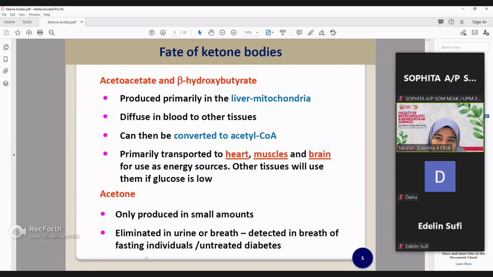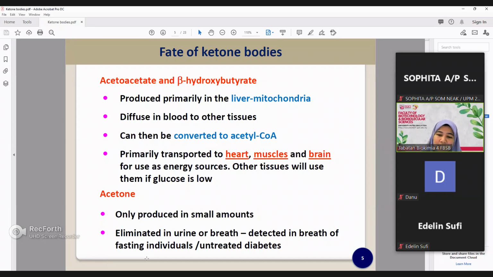It is because they are water soluble molecules, unlike fatty acids. We know that fatty acids are insoluble in water, so they cannot cross the blood barrier. But ketone bodies are water soluble molecules, so they can diffuse across the blood barrier and be carried by the bloodstream to the peripheral tissues.